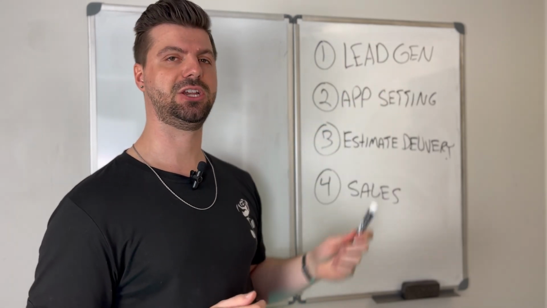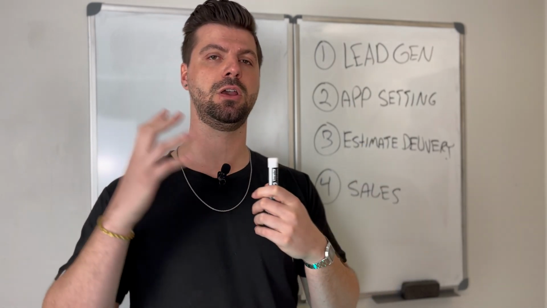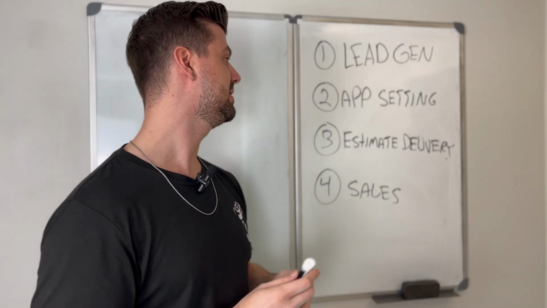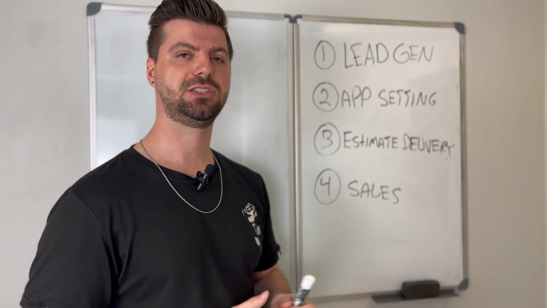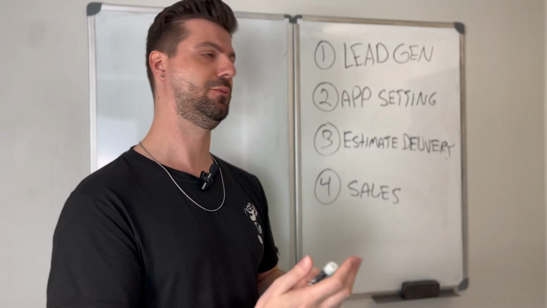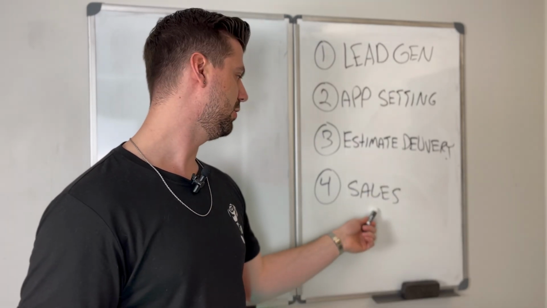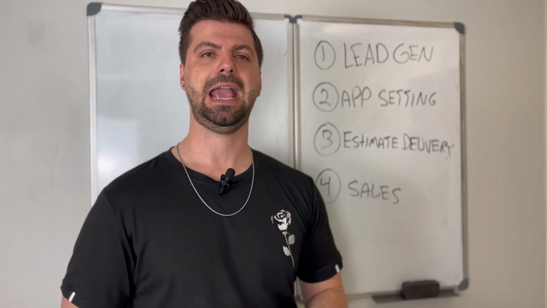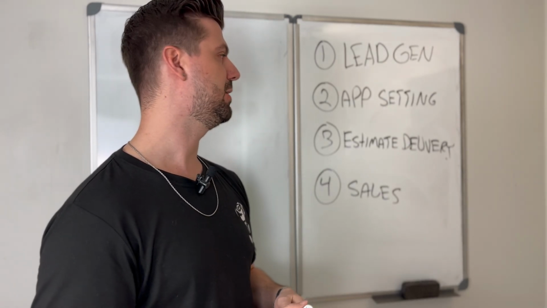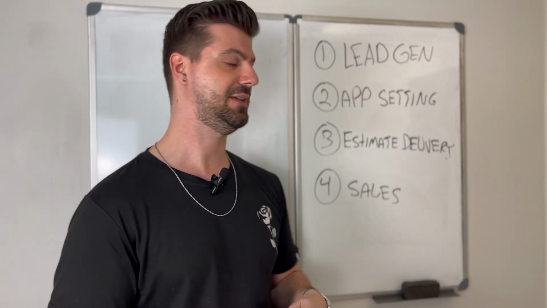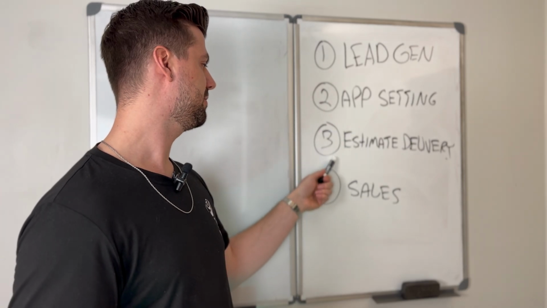We're doing lead generation, which is Facebook ads or whatever way that you're generating leads. Then you book an appointment, so we're doing appointment setting. You book an appointment with the lead, and then you deliver them an estimate, and then you close the deal, sales. And what we're going to be talking about in this specific video are numbers 2, 3, and 4.